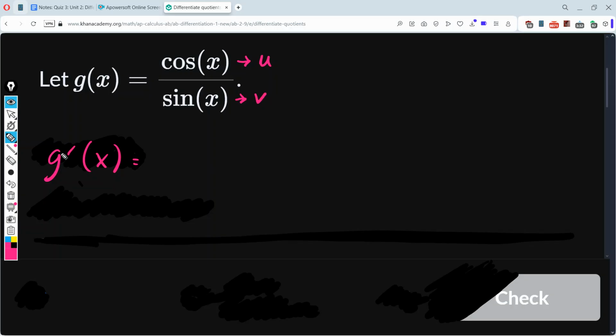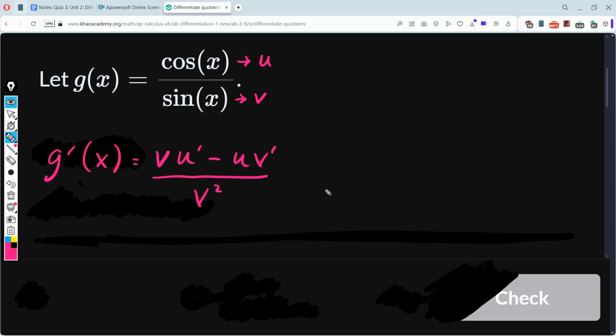Okay, and we said before, it's going to be the bottom times the derivative of the top minus the top times the derivative of the bottom all over the bottom squared.